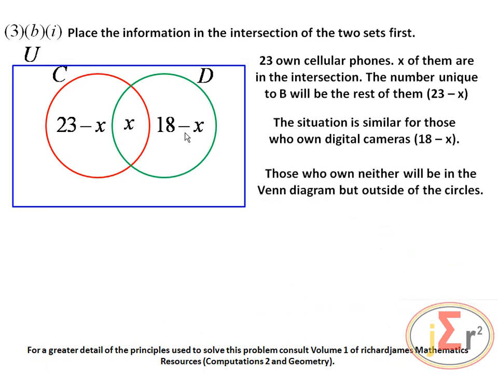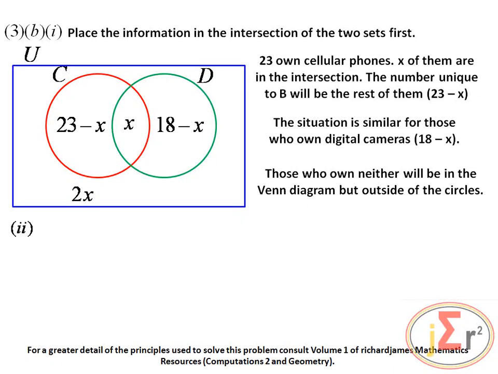And do not forget that we have a set of students who own neither cellular phones nor digital cameras. So those will go inside of the Venn diagram, but outside of the circles that represent the sets. So we have 2x right there.